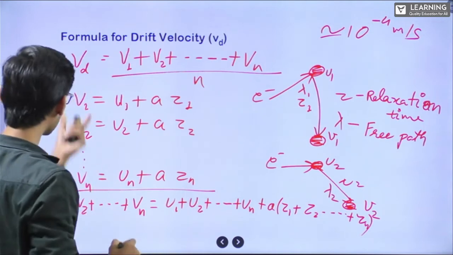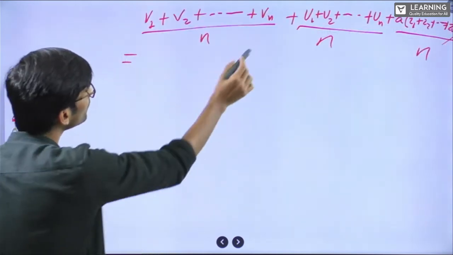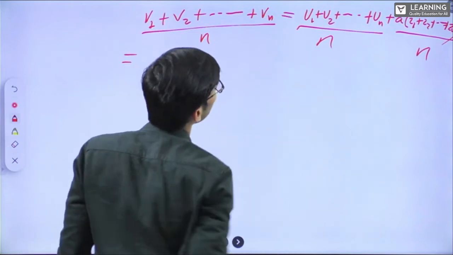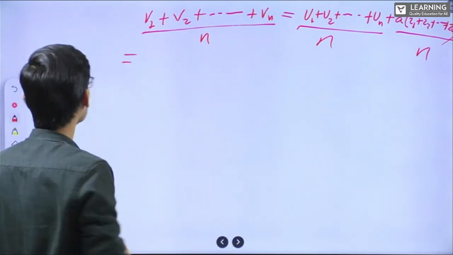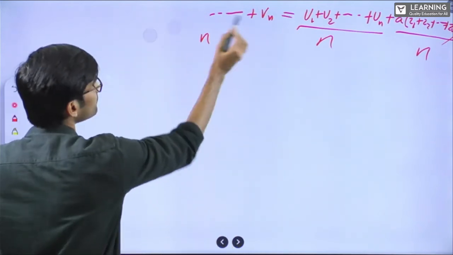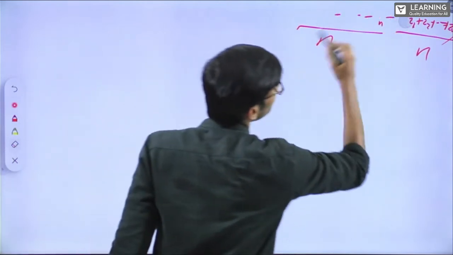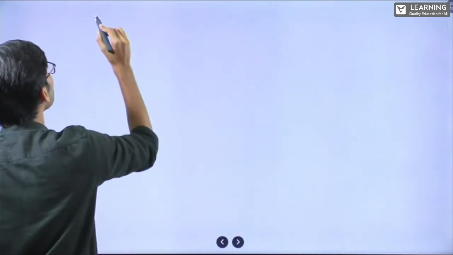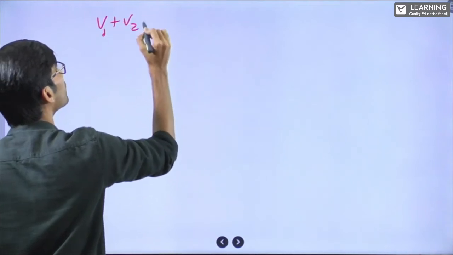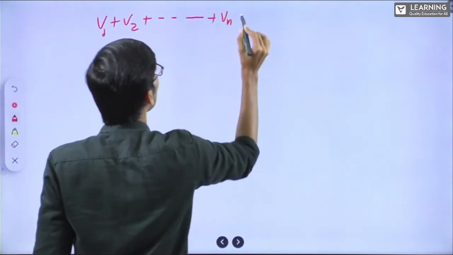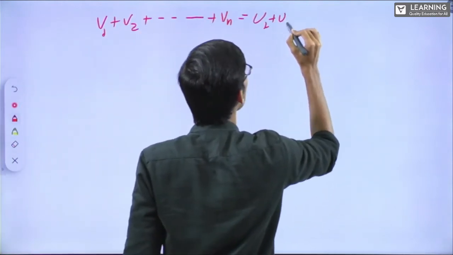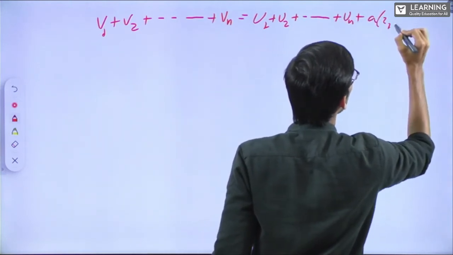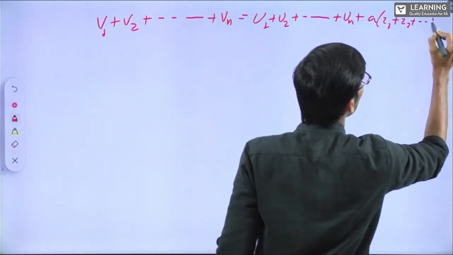From here what we got is V1 plus V2 till Vn is equal to U1 plus U2 till Un plus A common, tau 1 plus tau 2 till tau n.